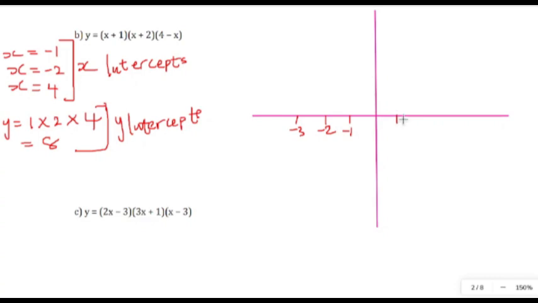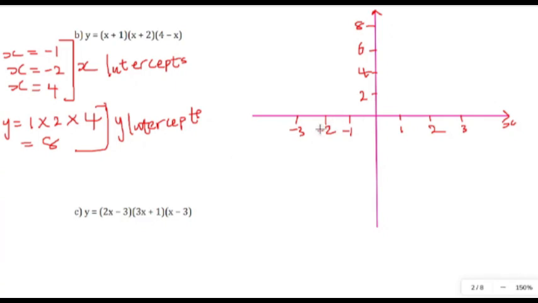Here we have 1, 2, and we have 3. Okay, so these are the x-axis. Then for the y-axis, our y-intercept is 8, so we can select 2, 4, 6, and 8. Okay, so let's mark out those points that we are interested in.